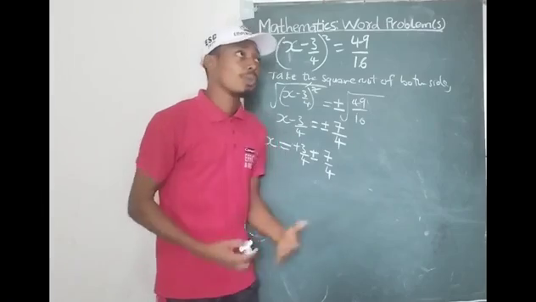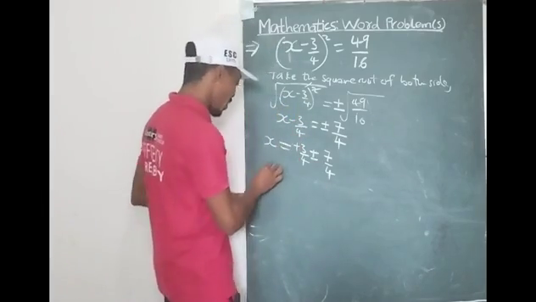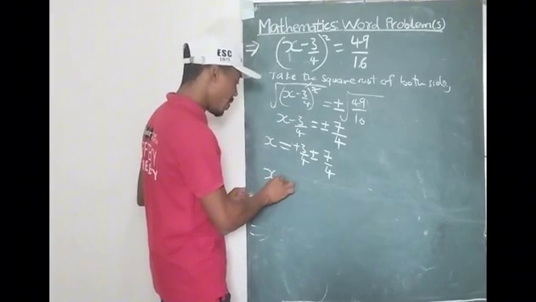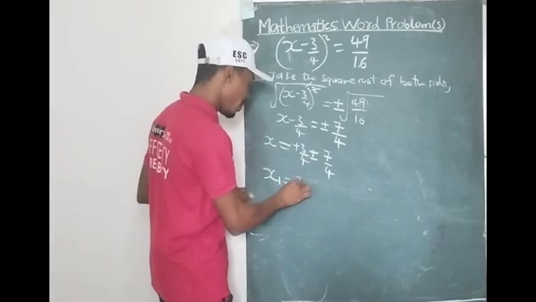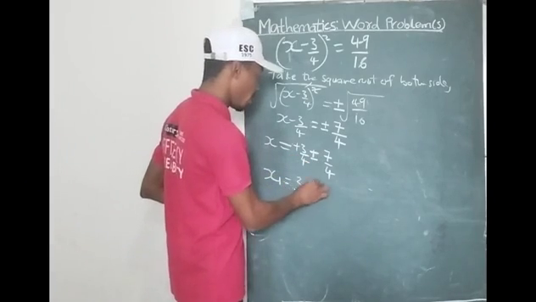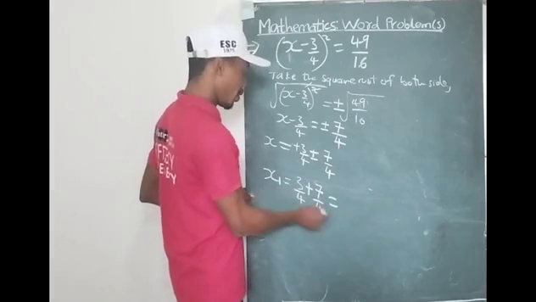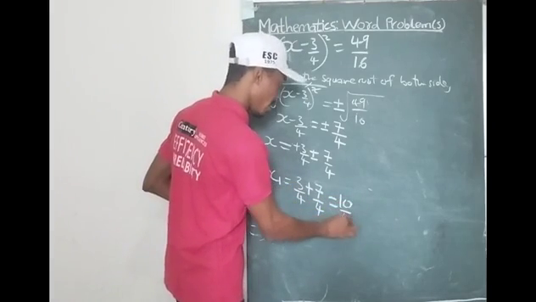But to move forward to get the roots, you can see that the first value of x is going to be 3 over 4 plus 7 all over 4. Yes, 3 plus 7 gives you 10 all over 4.